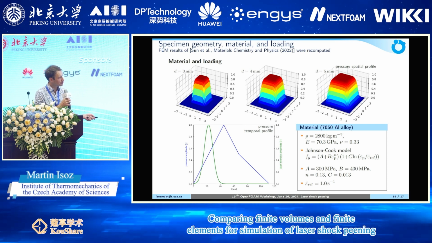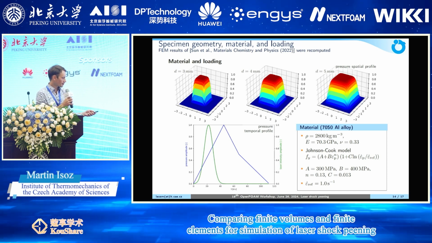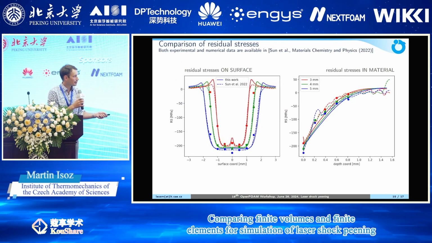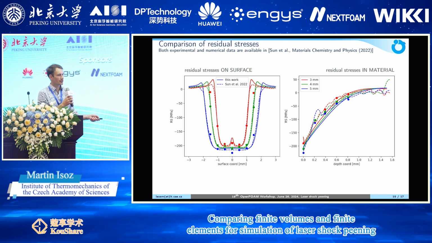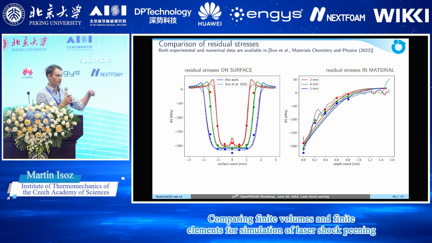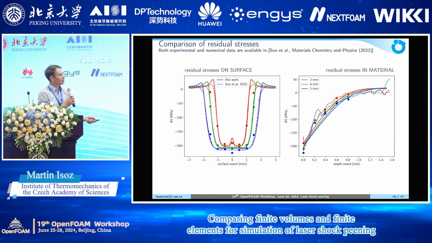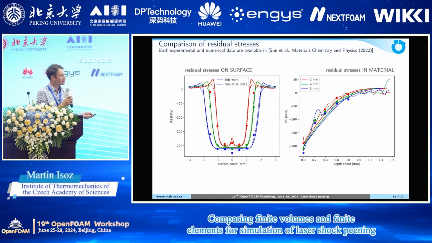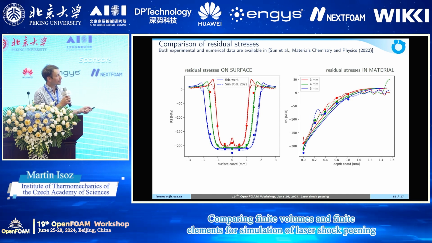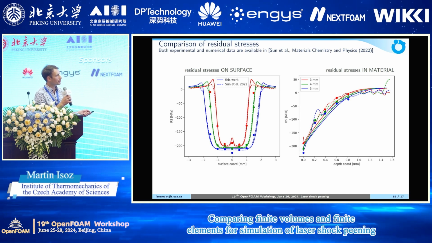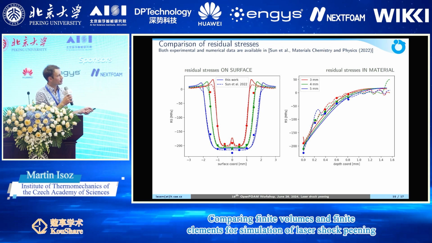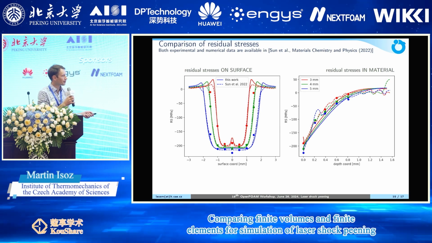And here on these plots we have residual stresses on the surface of the material, and inside the material, through the center of the spot. In the paper they also had some experimental data, and the dashed lines are the results of finite elements. Solid lines are results of our framework.